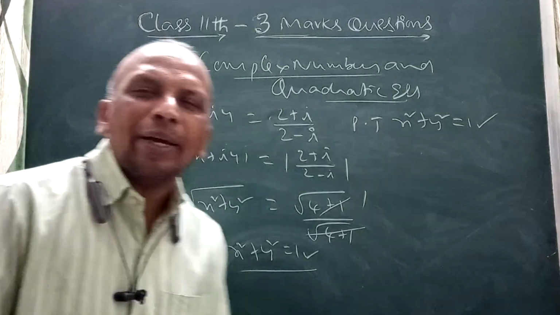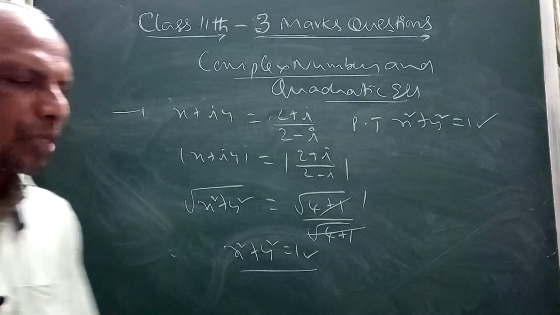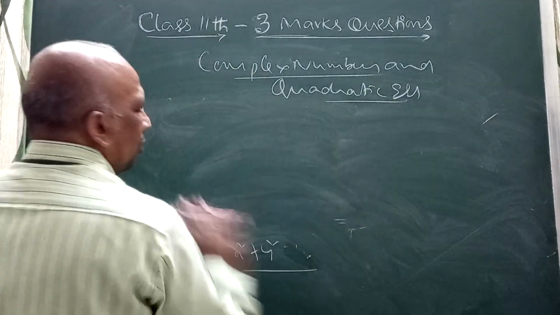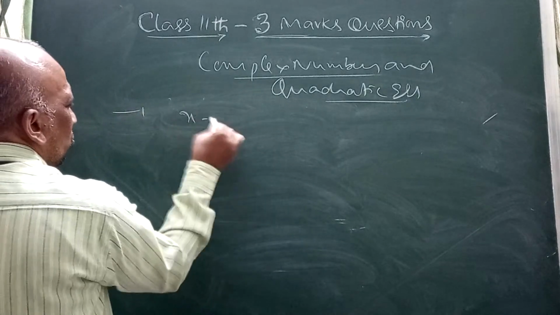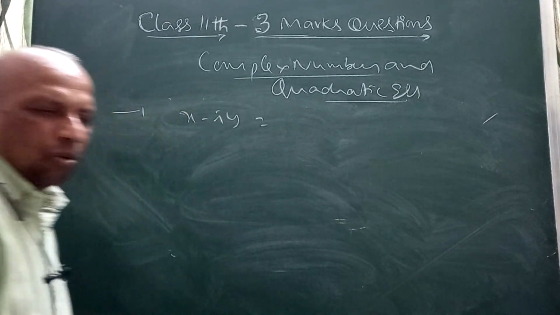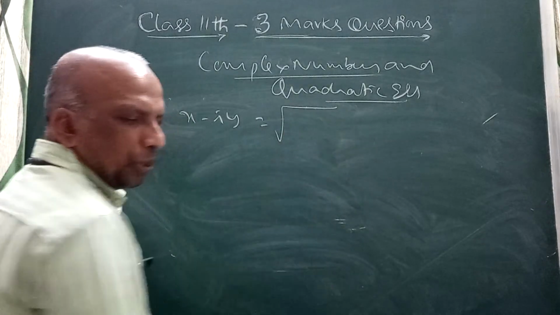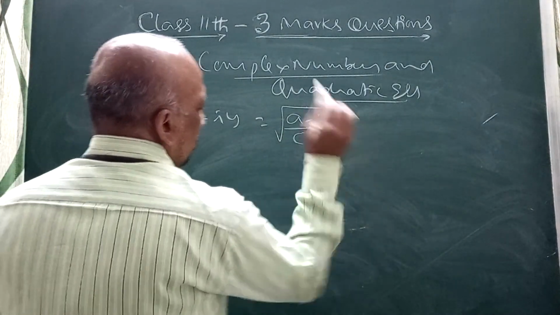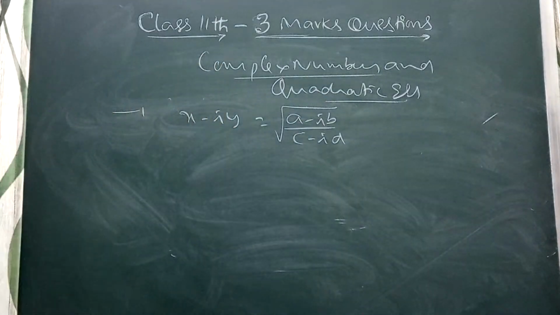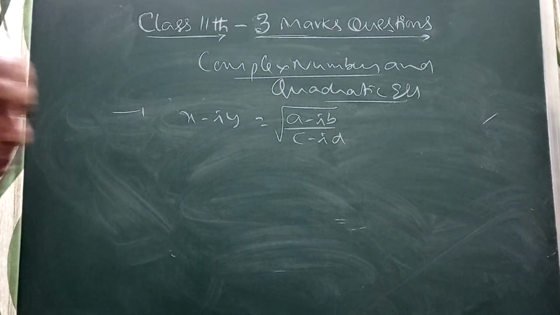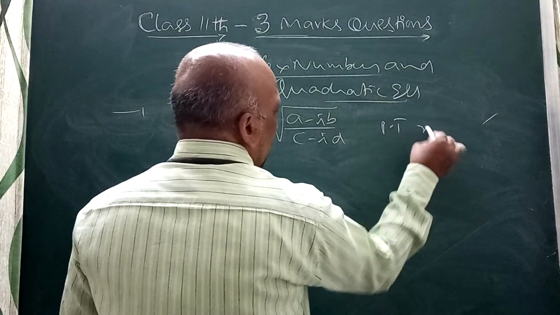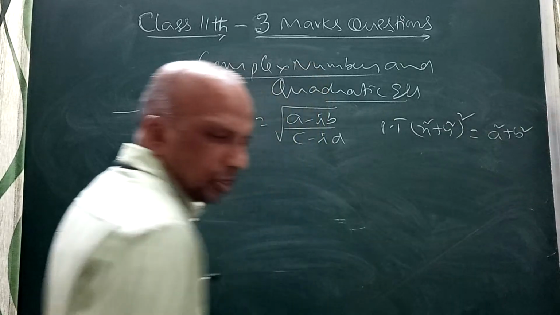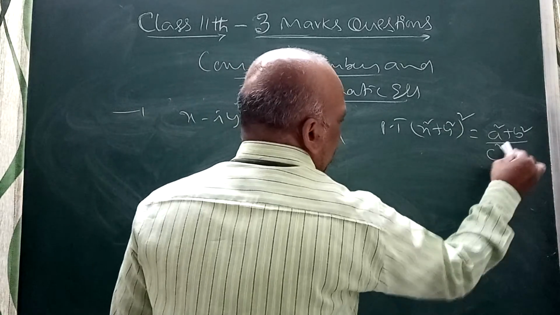Another one. If x minus iy is equal to root of a minus ib by c minus id, then prove that x square plus y square whole square equal to a square plus b square by c square plus d square.